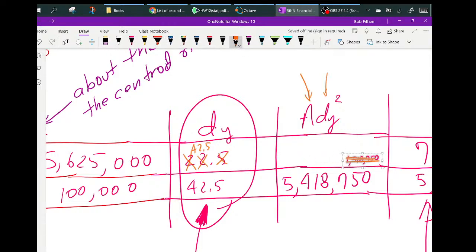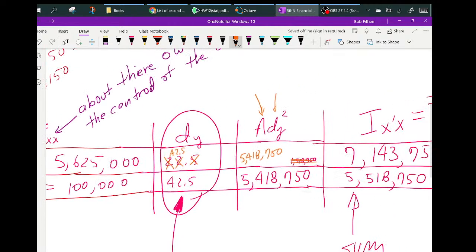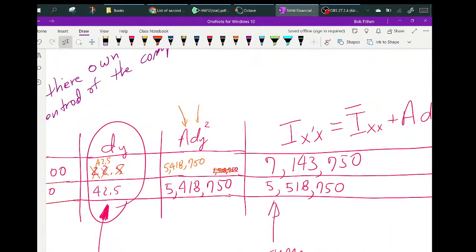There's my old value. My new value is 5,418,750, which means that this is my old value here. And I should be able to move that out of the way and say, yeah.